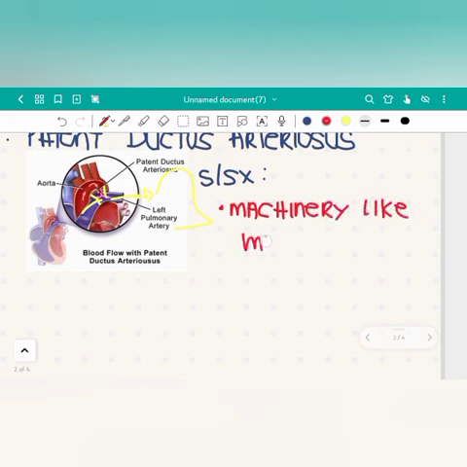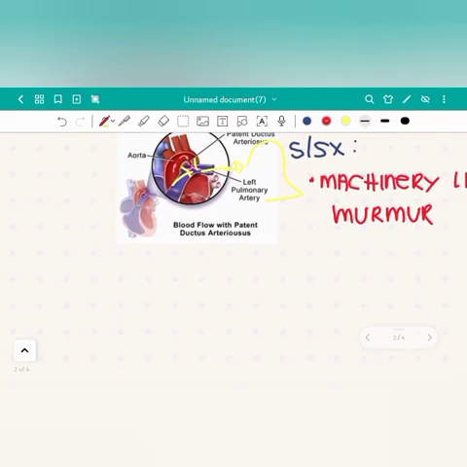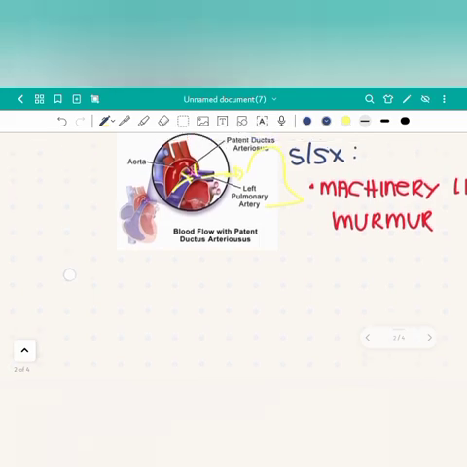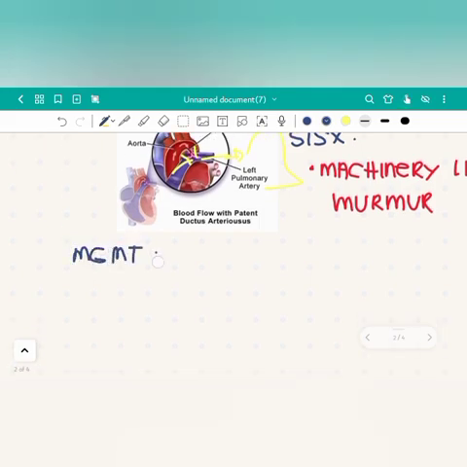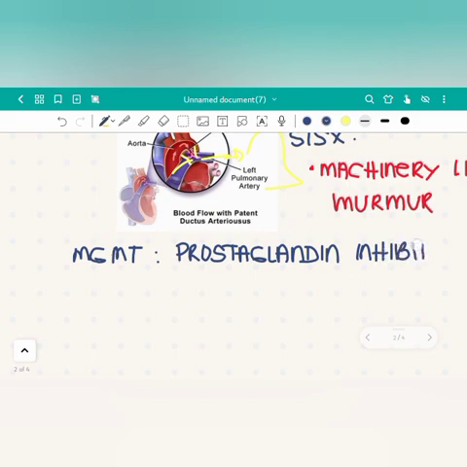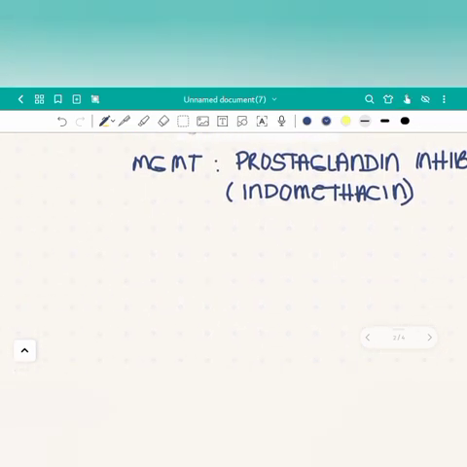And the management for this is, you should give indomethacin IV as a prostaglandin inhibitor to our patient. So, sa patent ductus arteriosus, usually in utero, it is normal kasi open talaga siya due to the increase in prostaglandin among the fetus, and it must close within 3 weeks kapag lumabas na yung bata. So, because of the high prostaglandin, nagkakaroon ng patent ductus arteriosus. So, we are giving this prostaglandin inhibitor, which is the indomethacin.